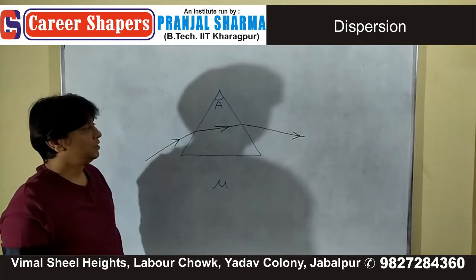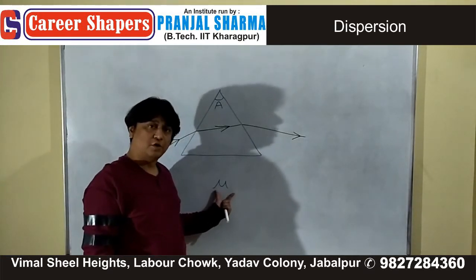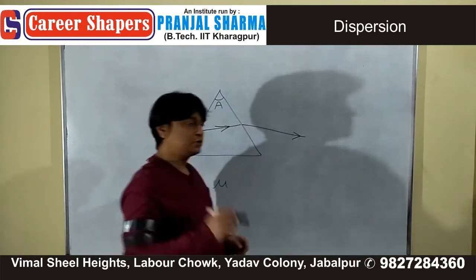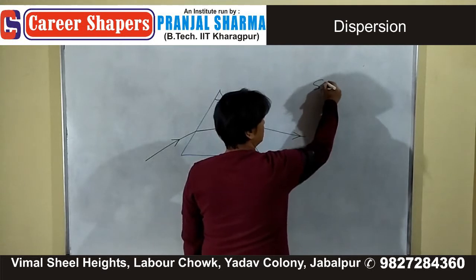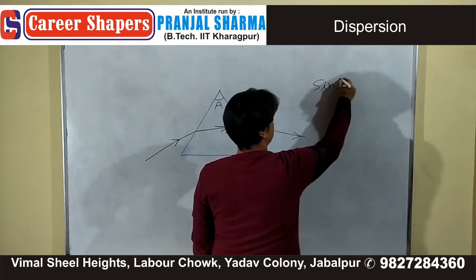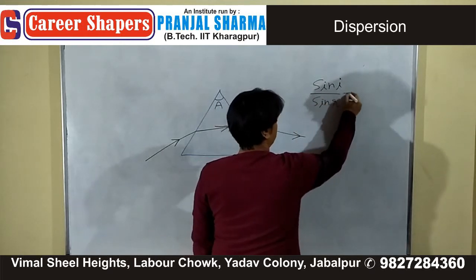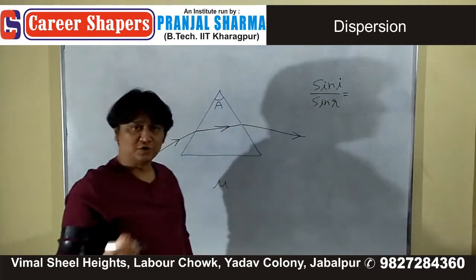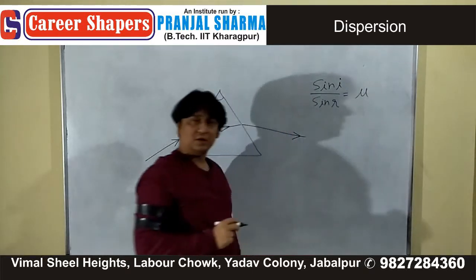For that, you must understand the origin of mu. What was the origin of mu? Snell's law. That was sin i upon sin r. This ratio was a constant, and this constant was called refractive index of the material.